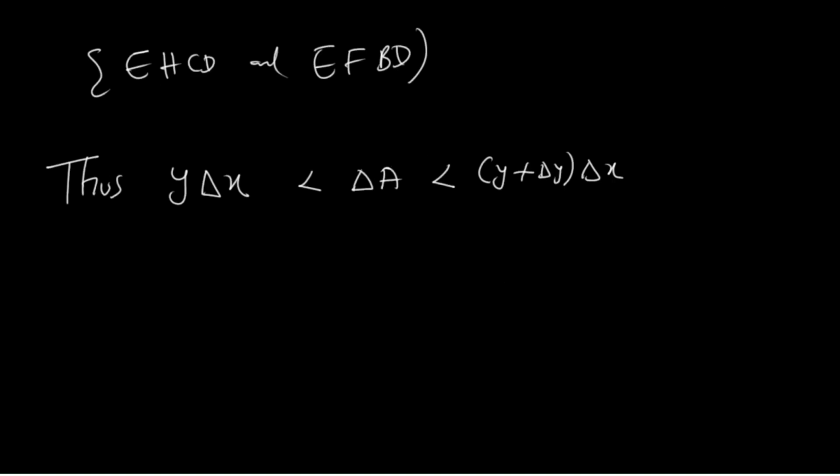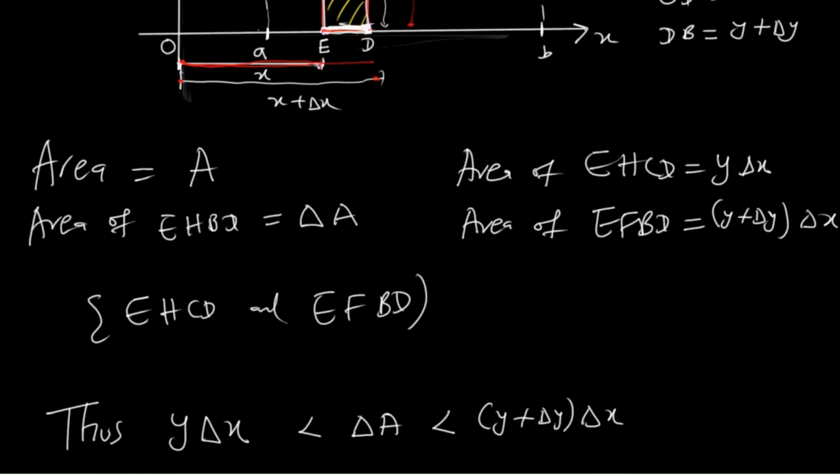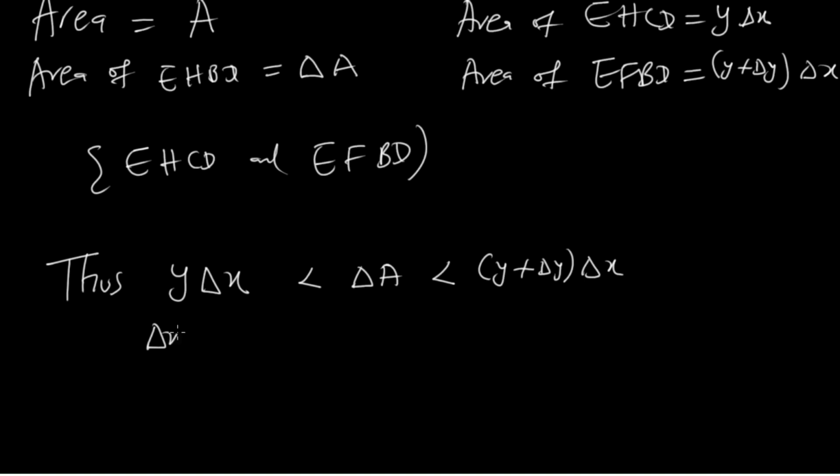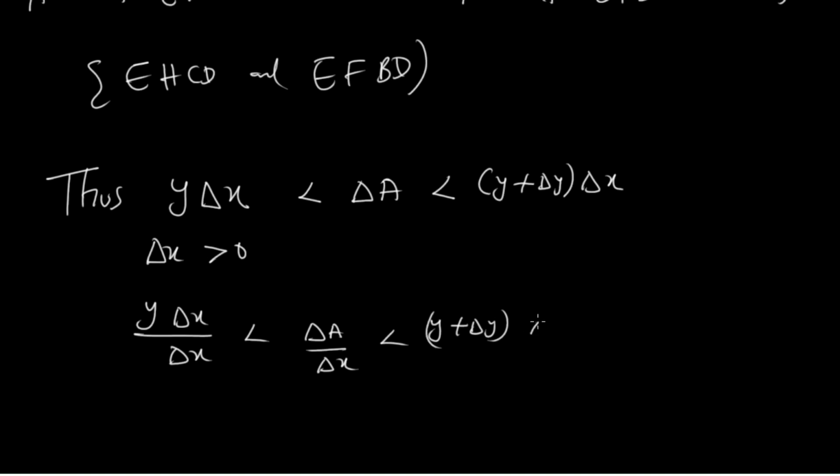And from the graph, we know that change in x is greater than 0. So it's a significant number. If we divide all through by dx, we're going to have y dx divided by dx less than dA over dx less than y plus dy dx over dx.